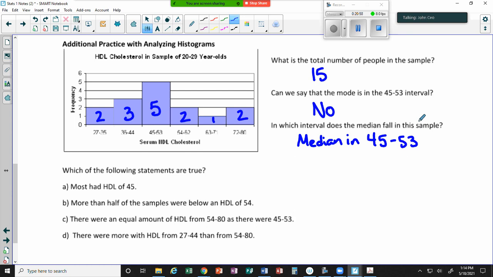Which of the following statements are true? Most had an HDL of 45. Of 45? I can't tell, right? Could only have one at 45, and then everyone else could have 46, 47, 48, 49, etc. So is this true? No, it's false.